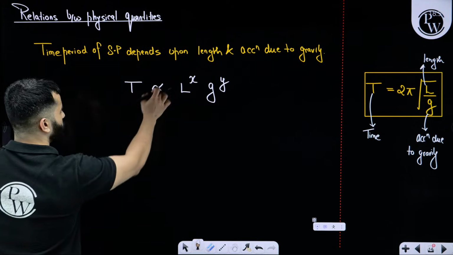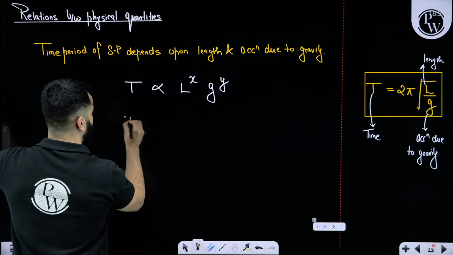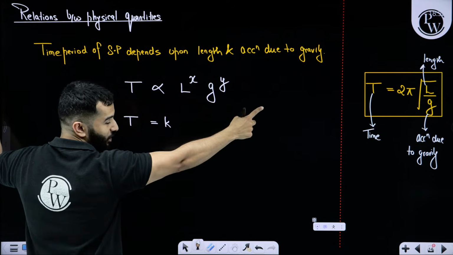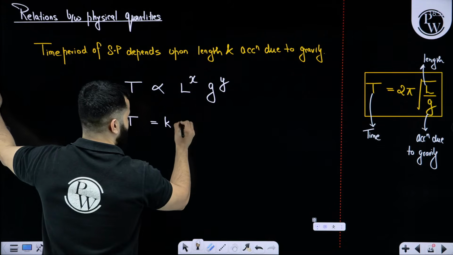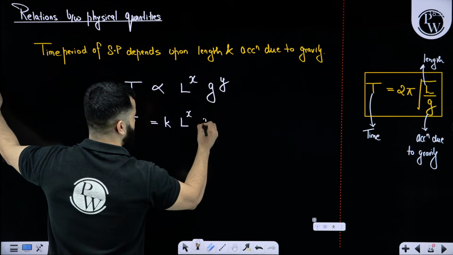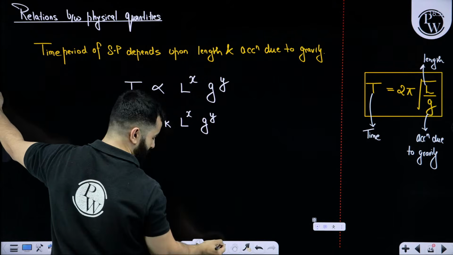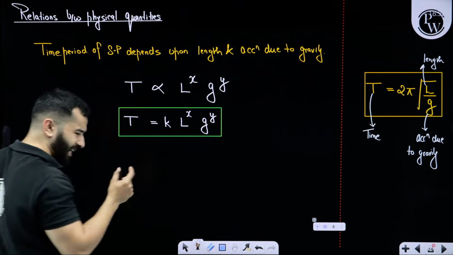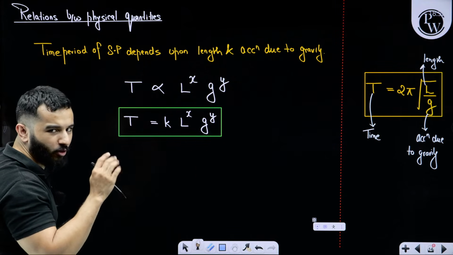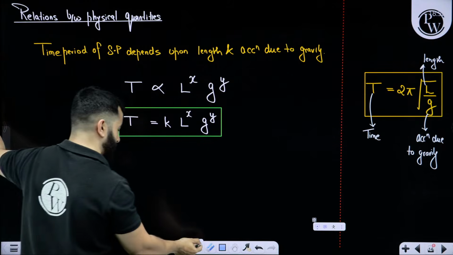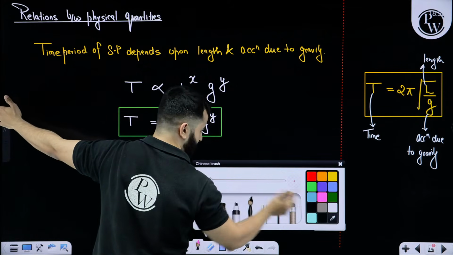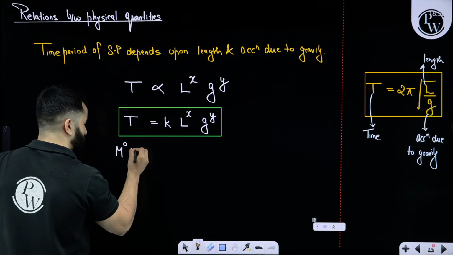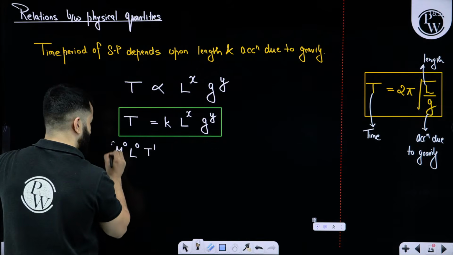And let's remove this proportionality sign and write down a proportionality constant, right? And in this case, it comes out to be 2 pi. And let's say this is L raised to the power x and G raised to the power y. After this step, my dear friends, we are going to use a concept similar to the principle of homogeneity. If this is time, then the dimension of time can be written as: there is no mass, there is no length, T raised to the power 1.